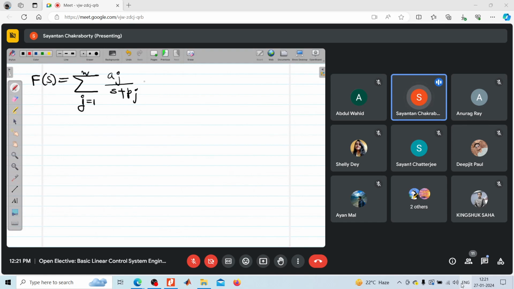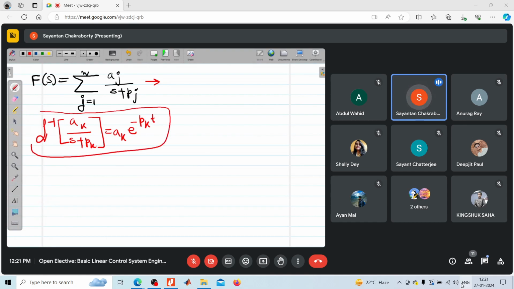Taking the inverse Laplace transform, each and every factor, for any k, will look like ak constant e to the power minus pk t.